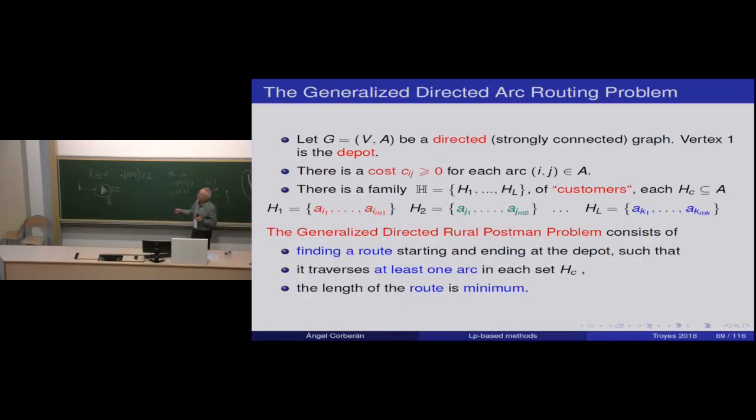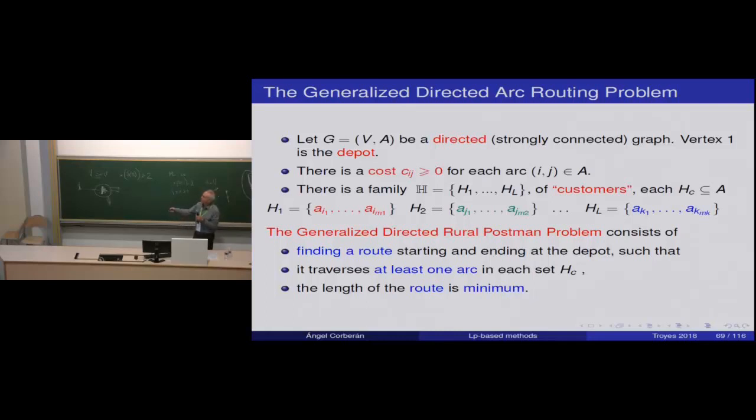Okay. The problem can be defined in this way. Note that a customer is a subset of arcs, in the sense that if I traverse any of these arcs, I'm reading this meter, the red or the green or whatever.